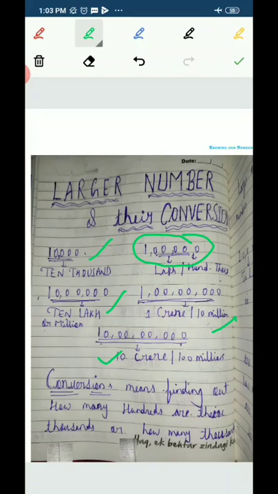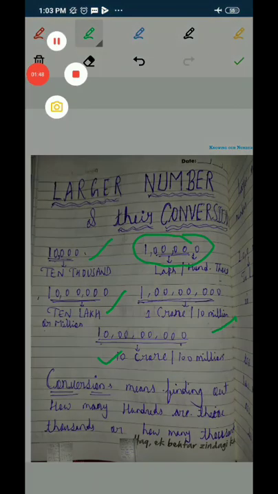These kind of questions they can ask you. So first, it's very important for you to understand what the topic means, what we have to do under this topic. In this topic, we have to convert the larger numbers to each other. So you will get it very easily. You don't need to worry about it. If you are quite scared regarding this topic, you don't need to.